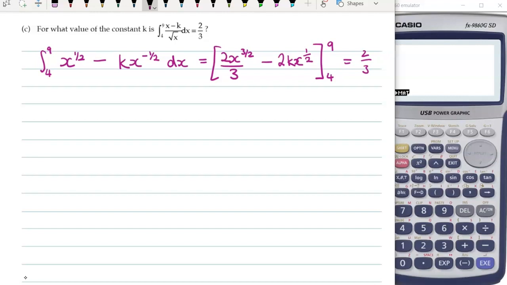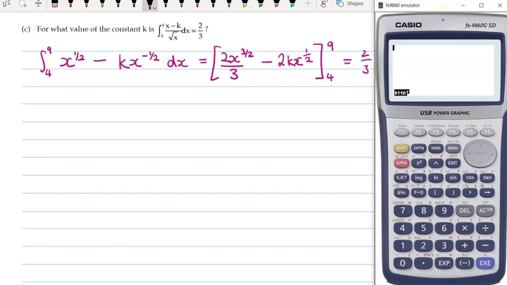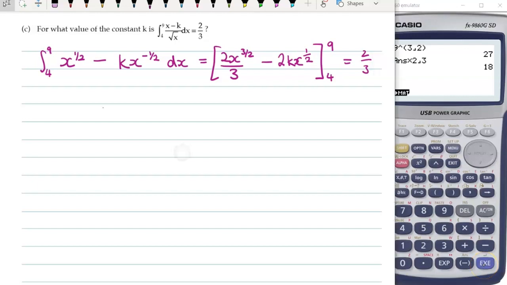Okay, so putting in 9 in place of x, so 9 to the 3 over 2 is going to be 27 times 2/3 is 18. So we have 18.